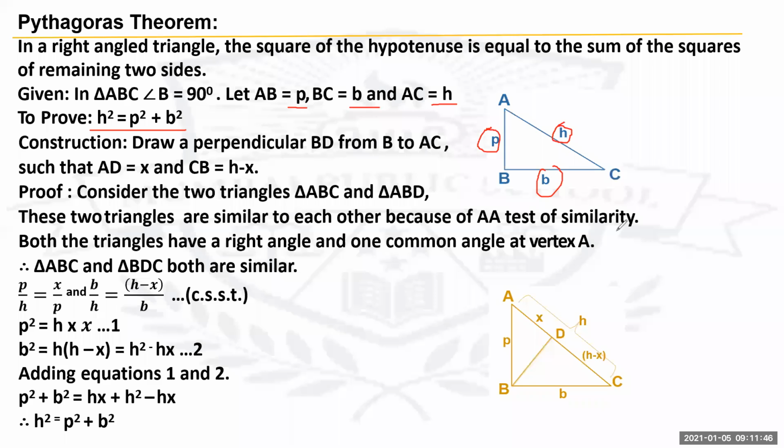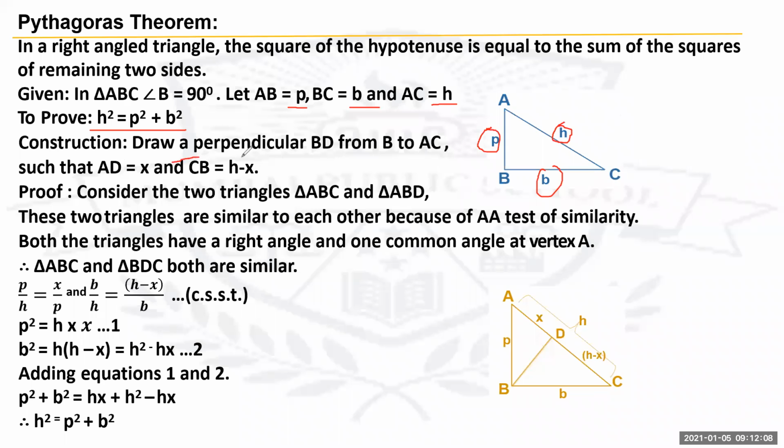Now here, the property which we are going to apply is the property of the right angle triangle and its similarity. Check what was the theorem which stated the relation between the similarity and the right angle triangle.